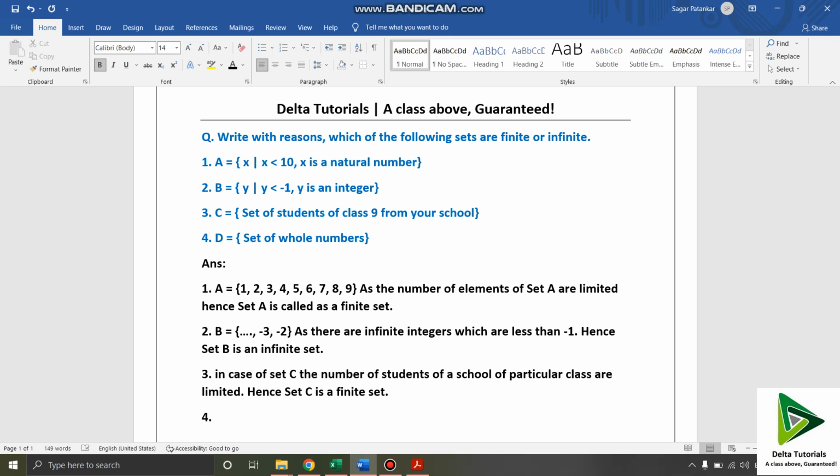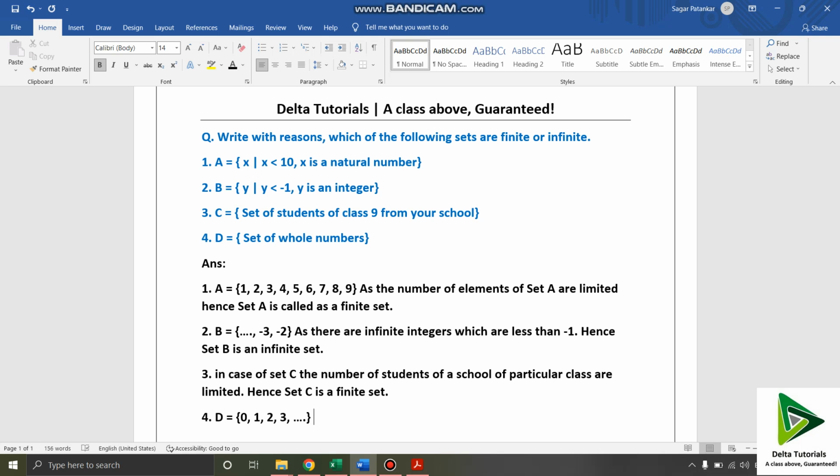And the last one, D is the set of whole numbers. Now, in terms of standard notation, the whole number set is represented by capital W. But for this example, we are going to represent it with capital D. Now we know that whole numbers start from 0, 1, 2, 3, and they move up to infinity.